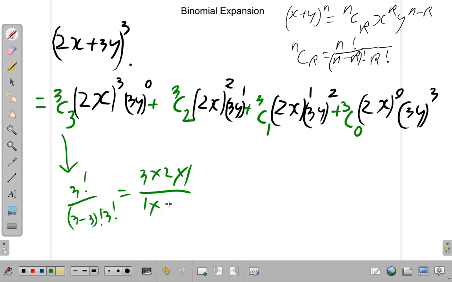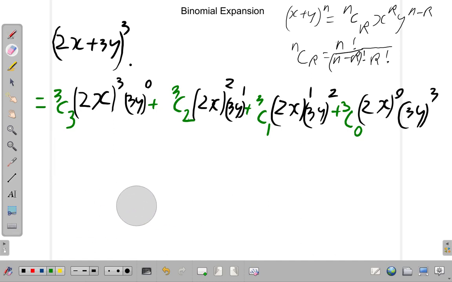It's 1 times 3 factorial, which is 3 by 2 by 1. 3 by 2 by 1 cancels 3 by 2 by 1, so the number here is 1. So let's write it below. So here we have 2x to the 3.